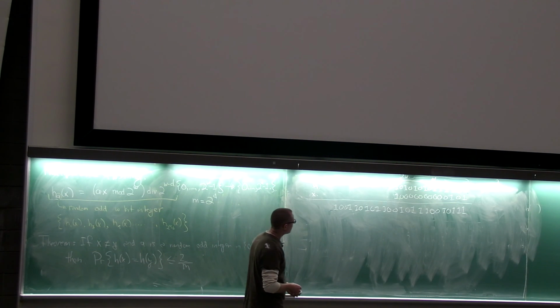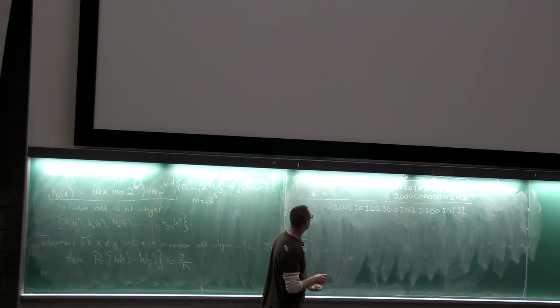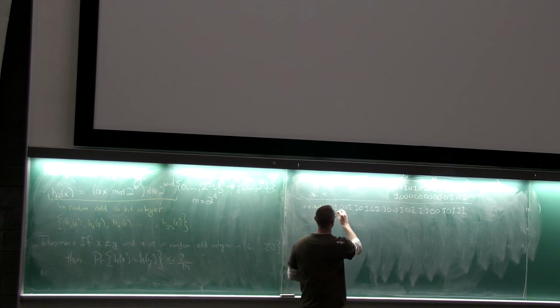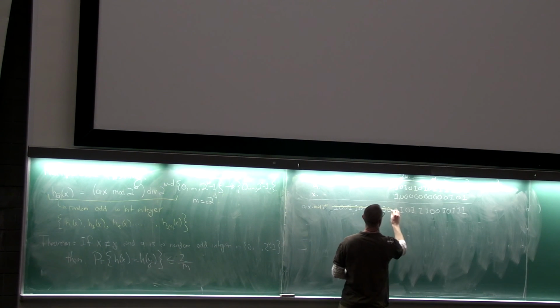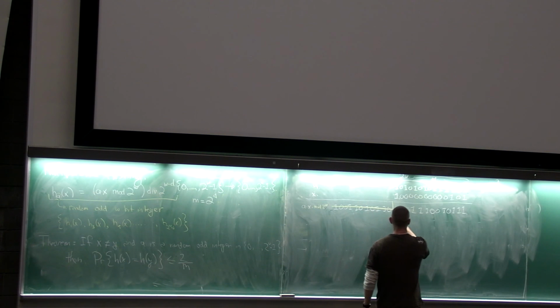But if this is the number that I'm taking mod 2 to the w, is it easy to know what that is? How do you do that? Yeah. When you take this mod, so this is a times x, and now if I take this mod 2 to the w, all I do is scratch off these bits here and keep only these ones, these w bits on this side.